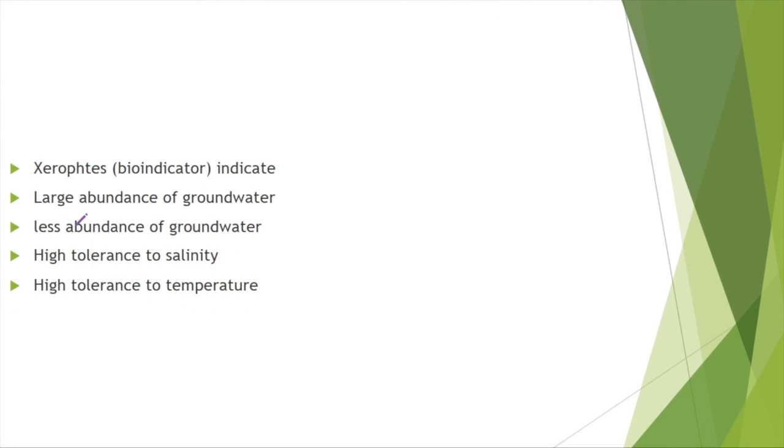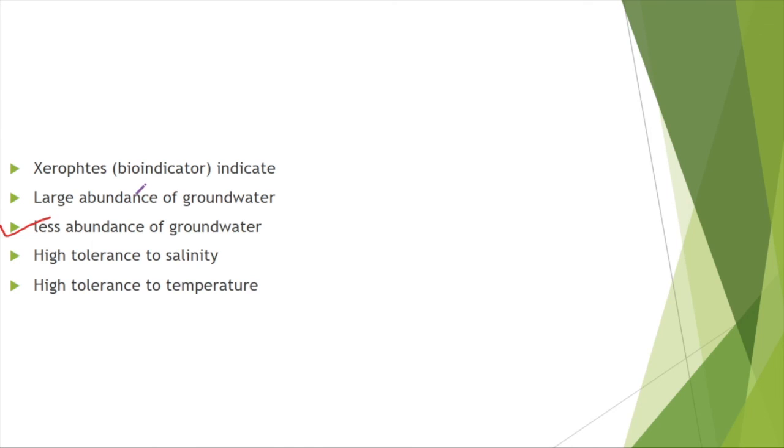Now next question. Xerophytes. Xerophytes are basically a bioindicator which shows arid climate, and we know that in arid climate all the plants get water from the unsaturated zone, that is called the vadose zone, where purged water or intramolecular water is there. So it indicates less abundance of groundwater, whereas phreatophytes show large abundance of groundwater.